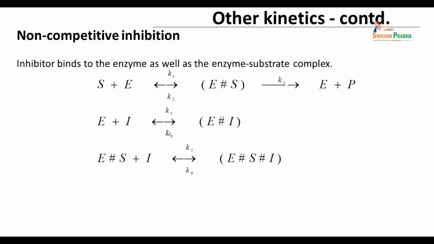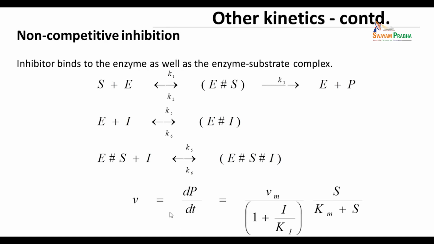You can go through a longer process on the same lines as that for Michaelis-Menten, the material balance and so on. And if you do it right, you will get V equals, for a batch case, dP/dt equals Vm by (1 plus I by Ki) into S by (Km plus S).